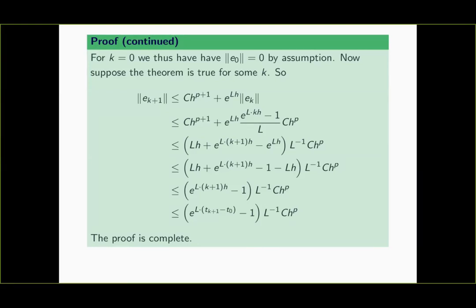So I get the upper bound exponential of L times k plus 1 times h minus 1, and then times L to the minus 1 times c times h to the p. And of course we see that k plus 1 times h is just the same as the difference of the time step tk plus 1 and t naught. And so I get precisely the estimates that I was looking for.